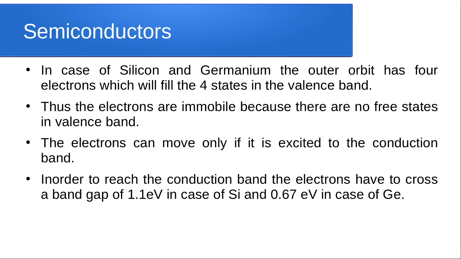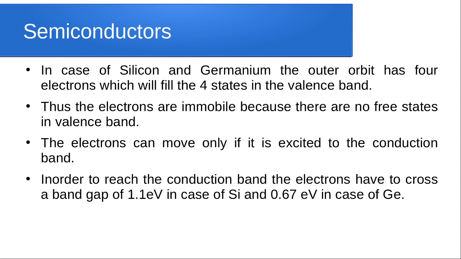This can be used to analyze the energy band of semiconductors, which are silicon and germanium. In case of silicon and germanium, the outer orbit has 4 electrons, which will fill the 4 states in the valence band.